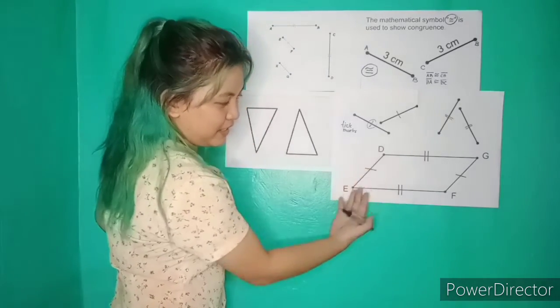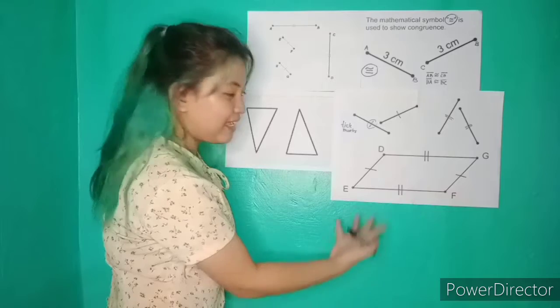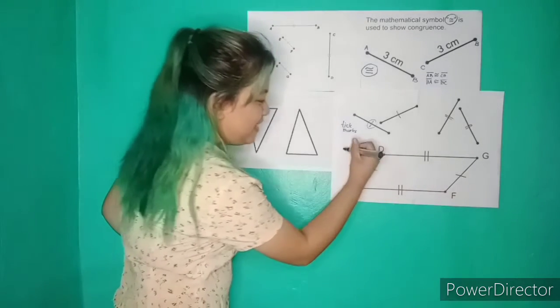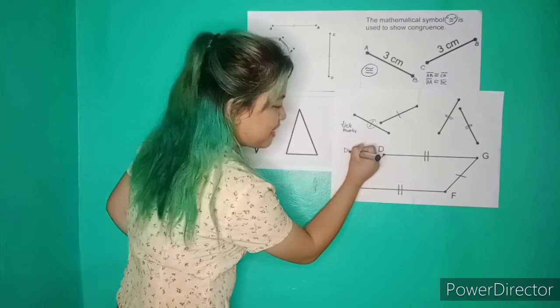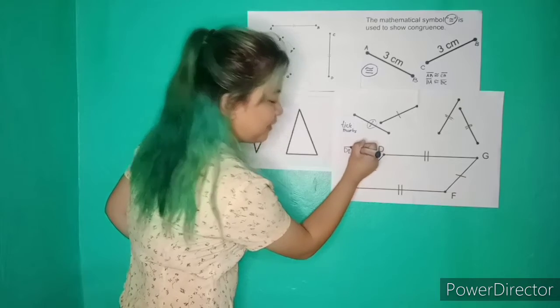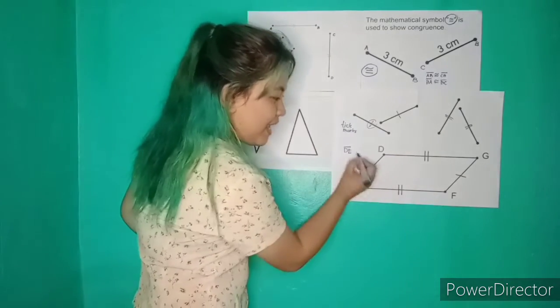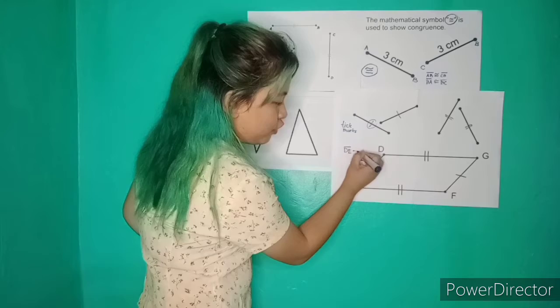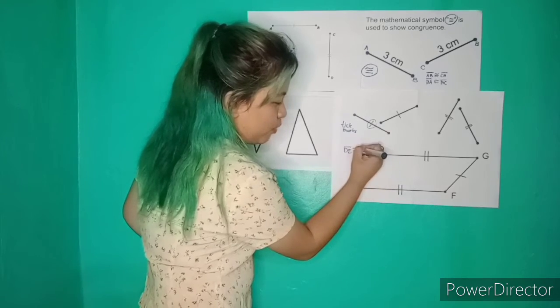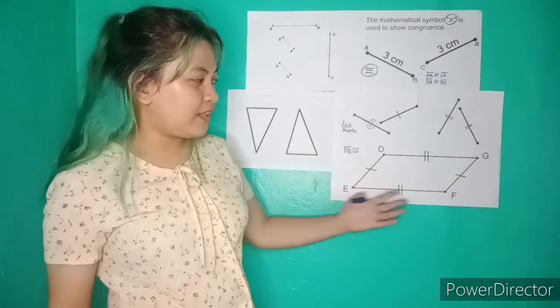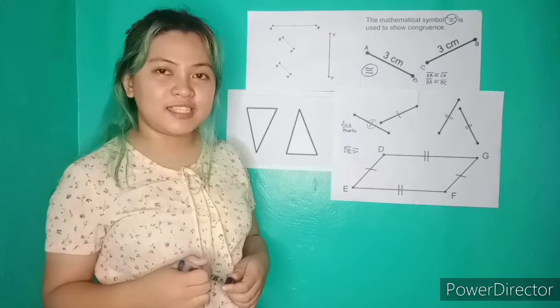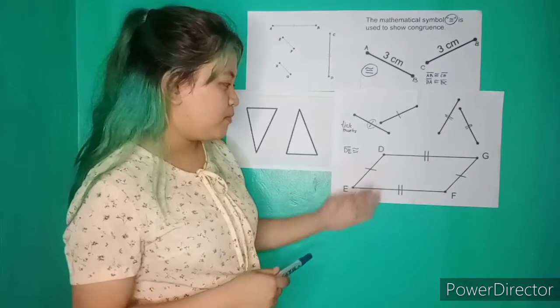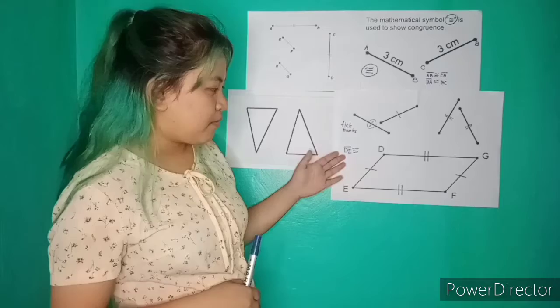Okay, now below here, we have a line segment. What is the line segment here? Line segment DE, very good. So we have line segment DE, with a dash over it at the top, is congruent to what? What line segment here has the same length as line segment DE?